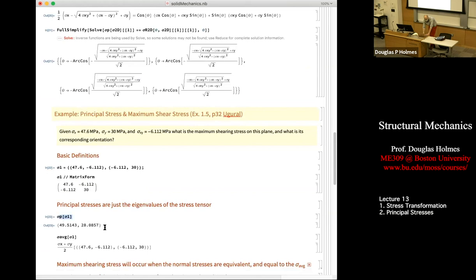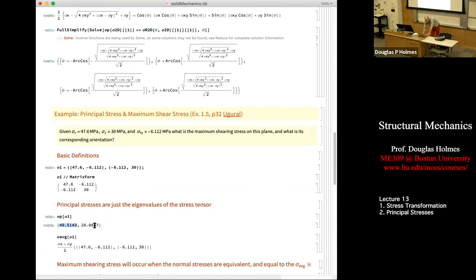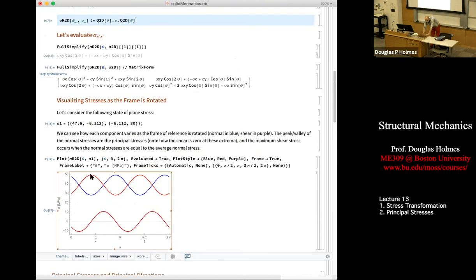You spit it out, and you get the maximum stresses in this object. And if you go back up and scroll, so what is this? This is almost 50 and 28. And what you see is, of course, this is this point here. We found that point. This is almost 50. This is like 28.